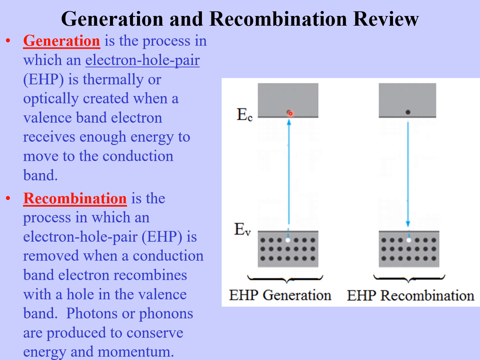It obtains that energy from thermal or optical means, and we end up with an electron-hole pair. Conversely, if this electron jumps back down into the hole, that is called recombination. The electron has recombined with the hole.